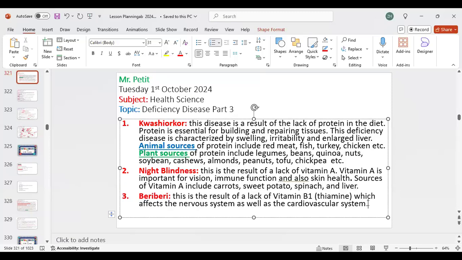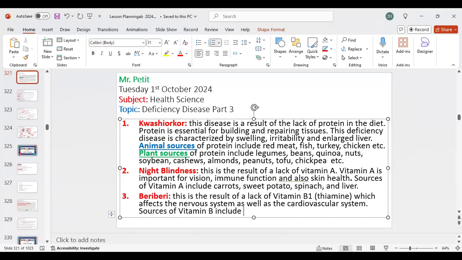So sources of vitamin B include fortified cereals.